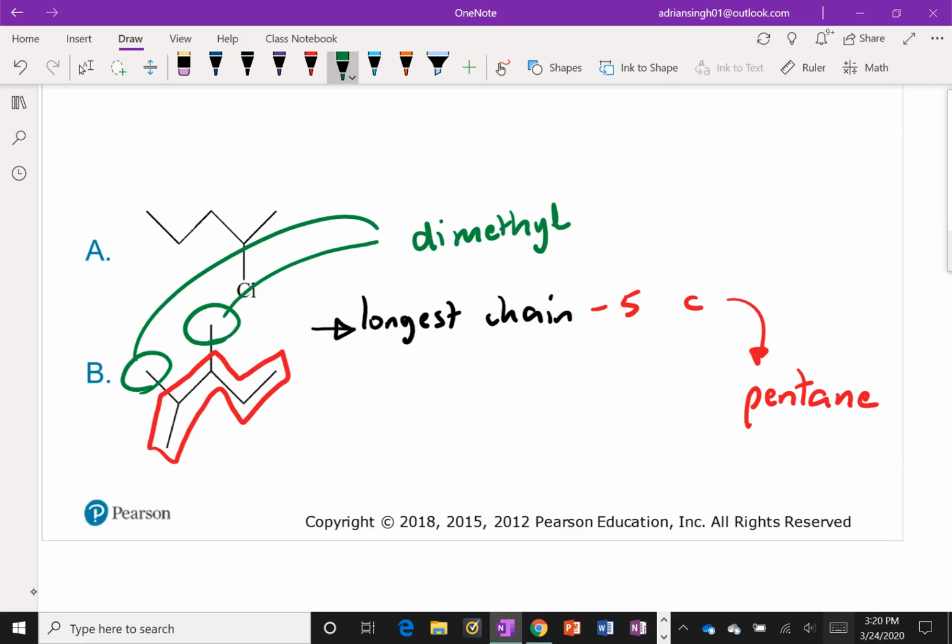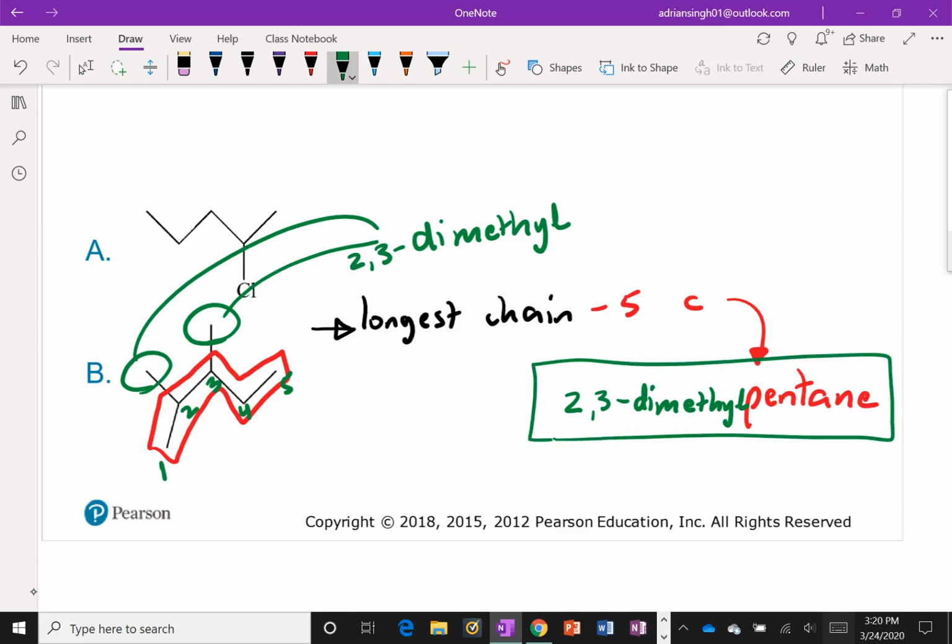As you can see, if we number from the left side, 1, 2, 3, 4, 5, those methyls are on carbons 2 and 3. So 2,3 dimethyl, and that's everything we have in the structure. So we put those in: 2,3, then a dash to separate a letter from a number, dimethylpentane. And that's it. That's how you name this systematically.